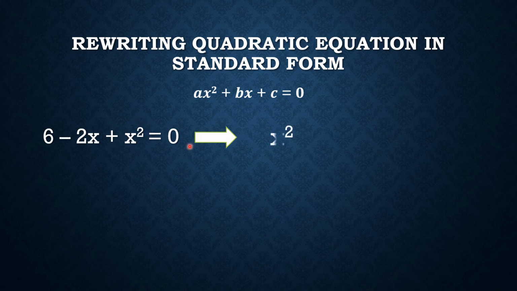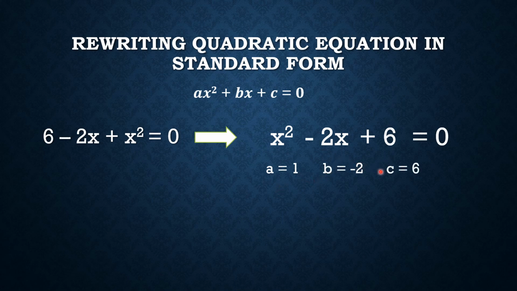Since that is positive, we write here, positive x squared. Negative 2x is still the same. Sa gitna pa rin siya. We have minus 2x. And then, ang ating constant term, which is positive 6, siya na yung nasa ulihan. Then, we have equals 0. So, therefore, we can now identify the values of a, b, and c. And a is 1, b is negative 2, c is positive 6.